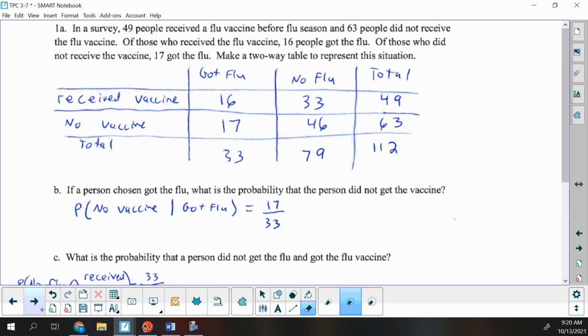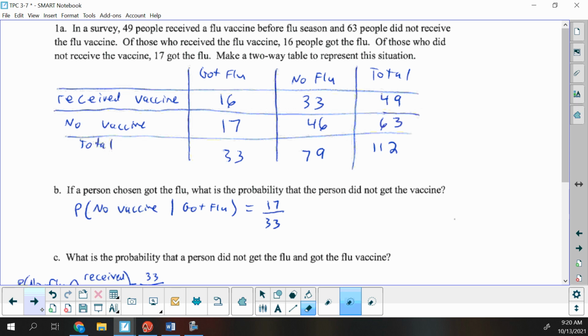All right, moving over to the homework. So we had 49 received the flu vaccine, 63 did not. And then we also have people that either got the flu or didn't get the flu.